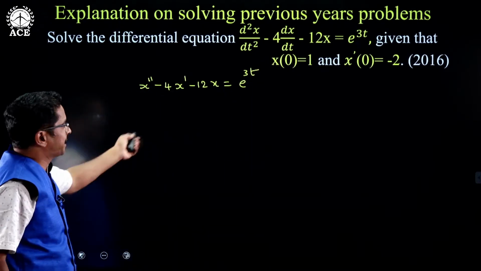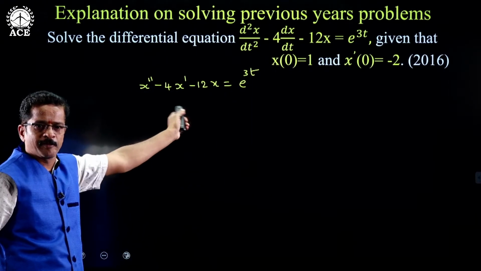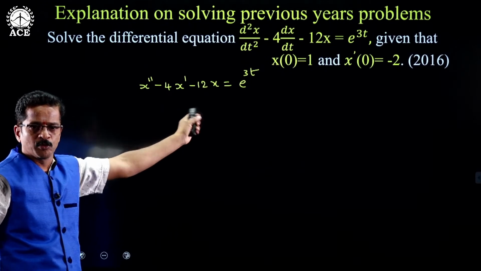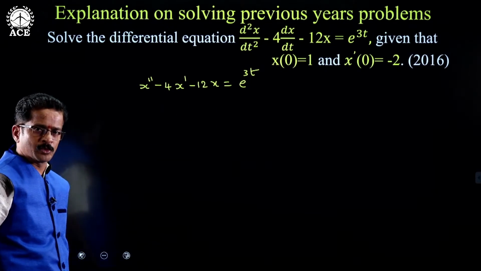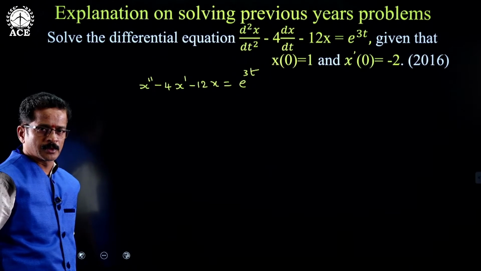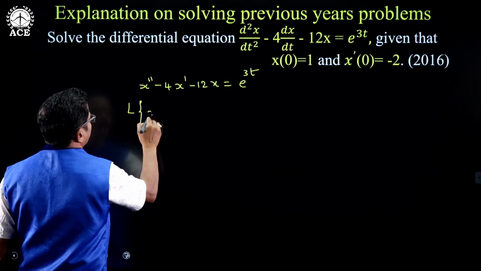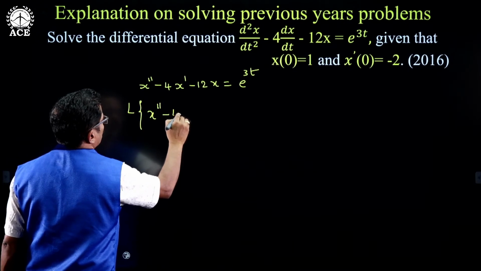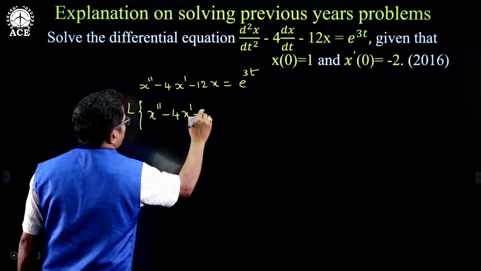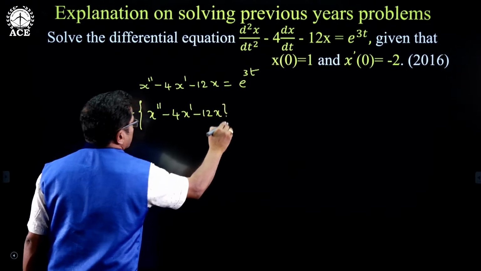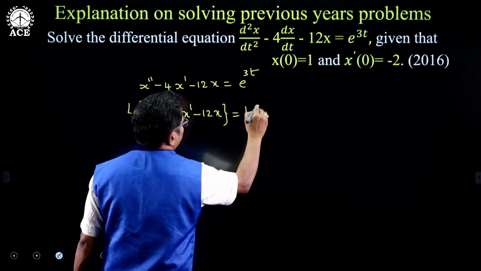Okay. Now, this is the given differential equation. Now I am taking Laplace transform on both sides. So then L of x double dash minus 4 x dash minus 12x is equal to L of e power 3t.